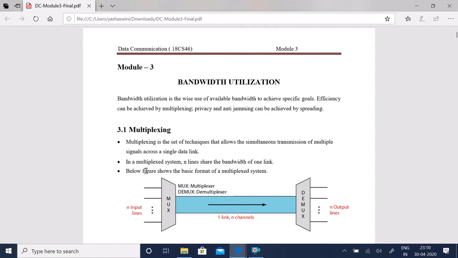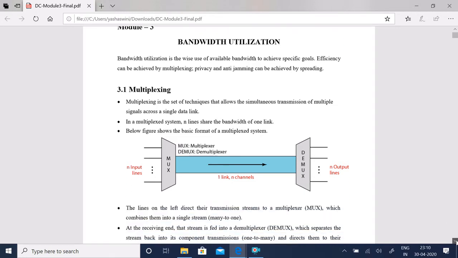This is done at the sender end. At the receiver end you have a demultiplexer. The application of the demultiplexer is to convert this one channel line back to n output lines. We'll discuss more regarding this.